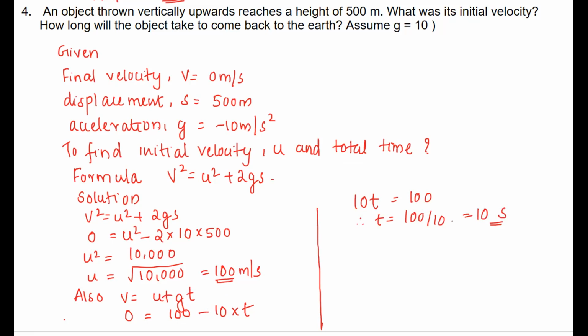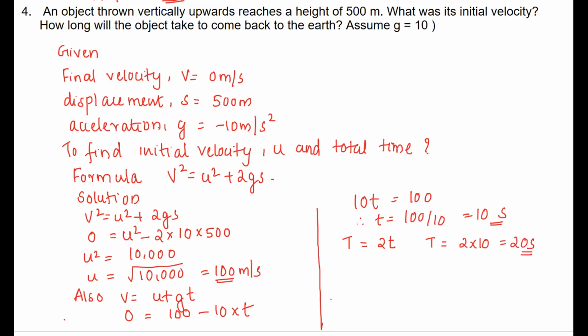We know that time taken to go up is same as time taken to come down. So we can write total time taken, or time taken by the object to come back to the earth, capital T is equal to T plus T, that is 2T, or T is equal to 2 into 10, that is equal to 20 seconds.